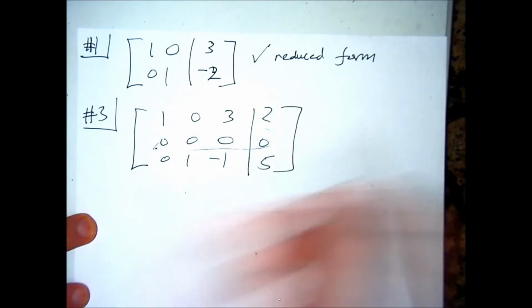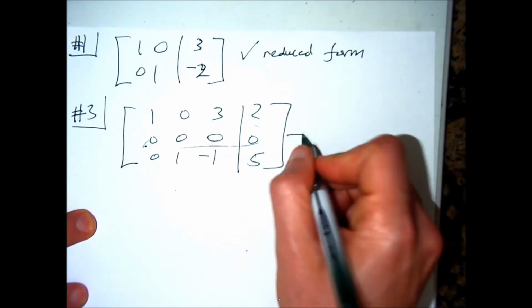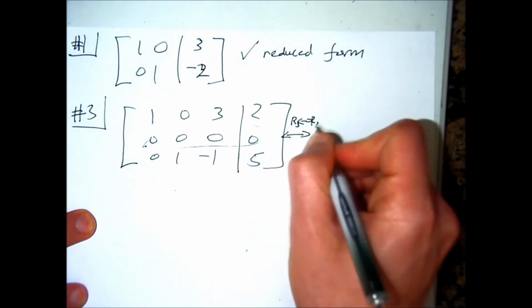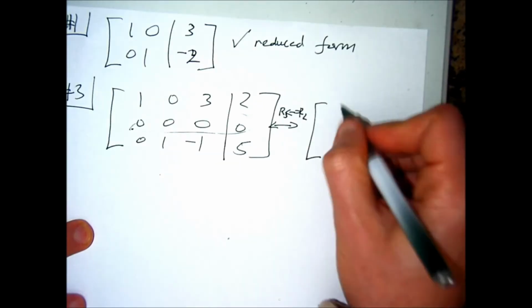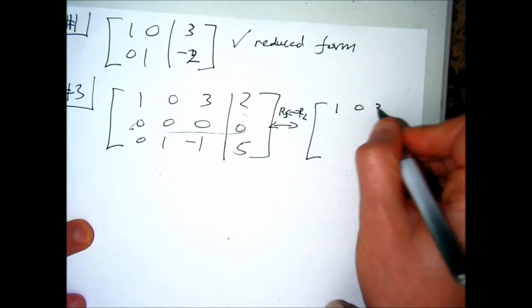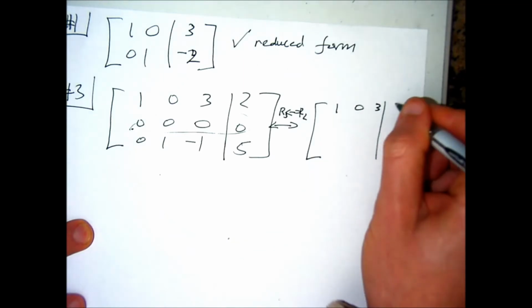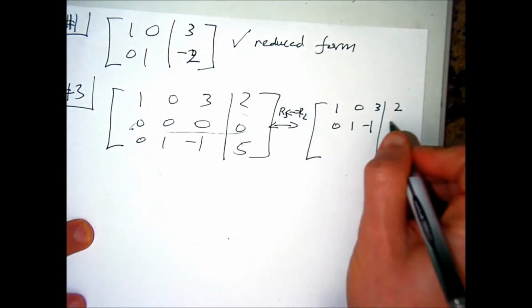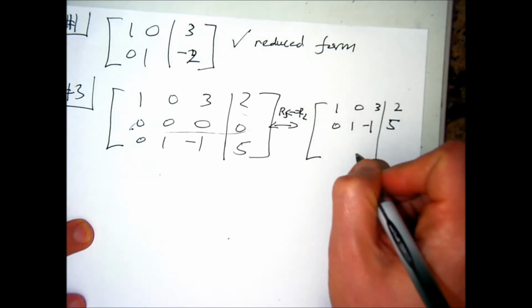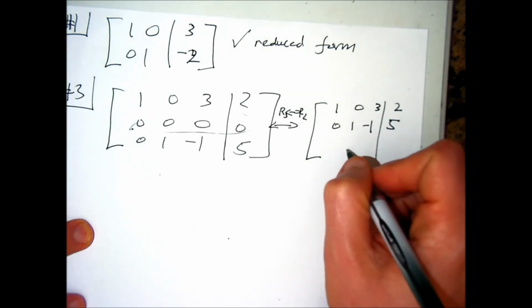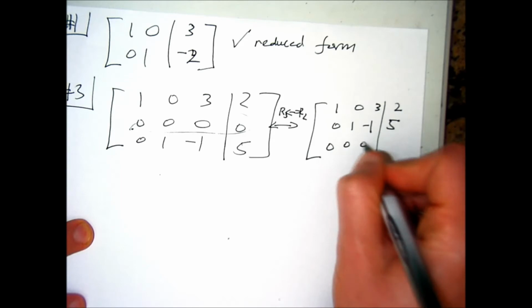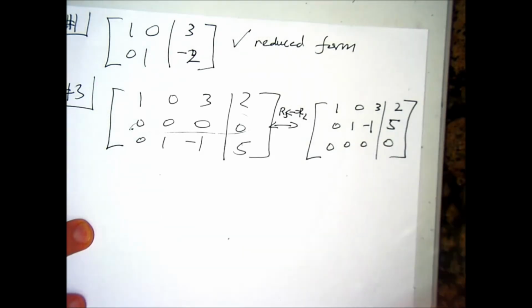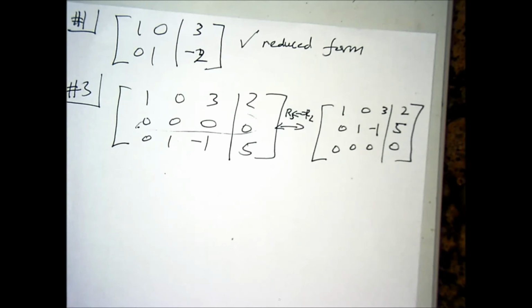So my step would be changing row 3 with row 2. And then I would get 1, 0, 3, vertical bar 2, 0, 1, -1, 5, and 0, 0, 0, 0. And this would be reduced row echelon form here.